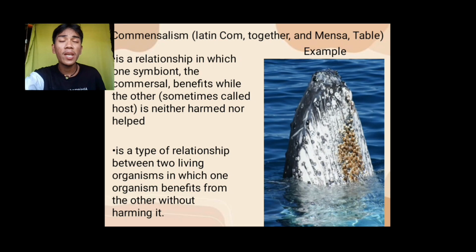Okay, so the next one, we have the commensalism, from the Latin word cum, which means together, and mensa, which is table. It is a relationship in which one symbiont, the commensal, benefits while the other, sometimes called the host, is neither harmed nor helped. It is a type of relationship between two living organisms in which one organism benefits from the other without harming it.